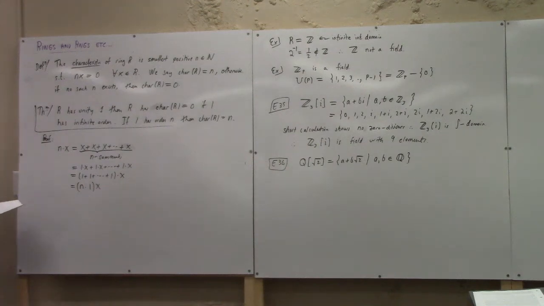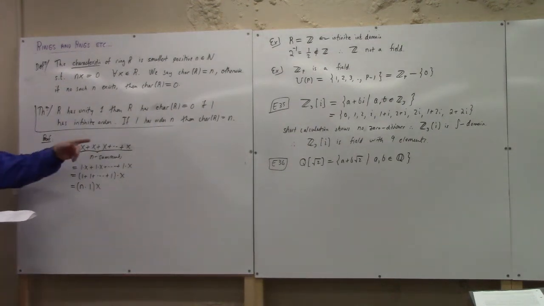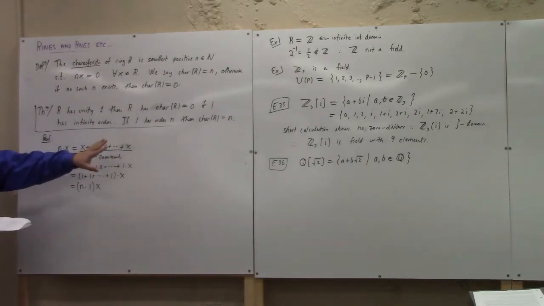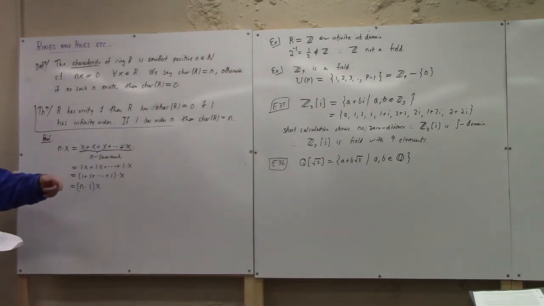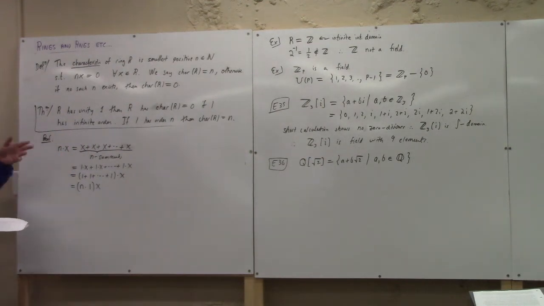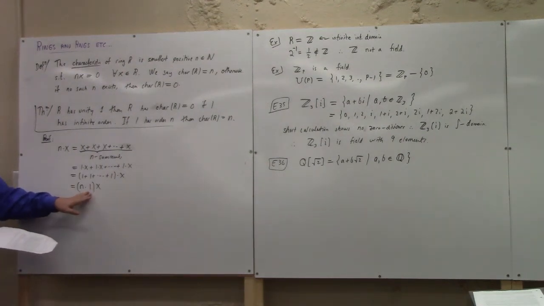So here's the argument. When I say that 1 has order n, we're talking about additive order. Multiplicative order of 1 is dumb. It's 1, it's the unity, the multiplicative identity. So the additive order of 1, if it's n, that means n times 1 is 0, and nothing before it is 0, right?